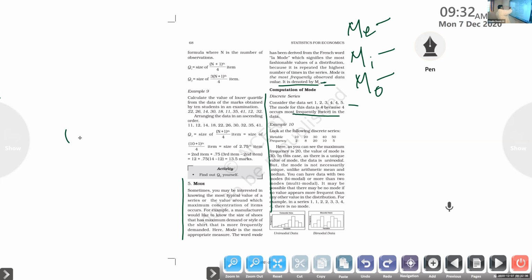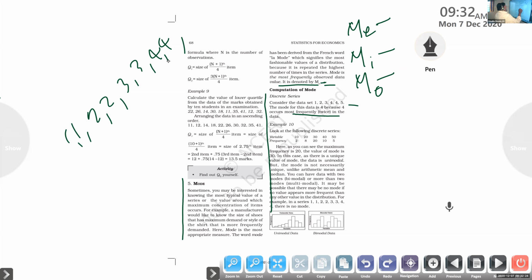What about 1, 1, 2, 2, 3, 3, 4, 4? Can you find the mode of this set? Impossible, right? All numbers are repeating twice.